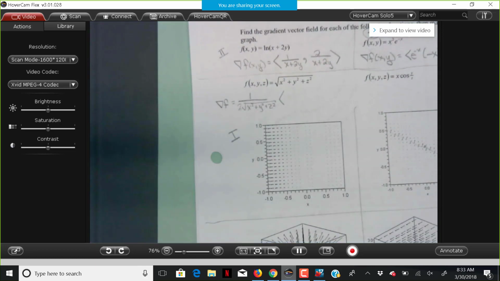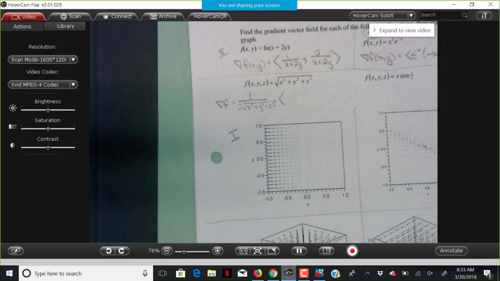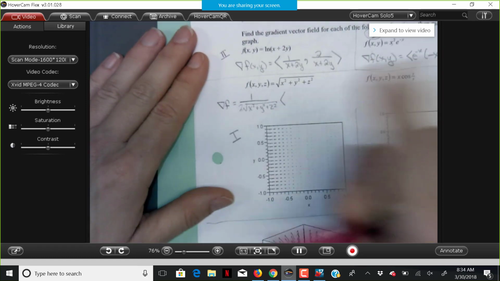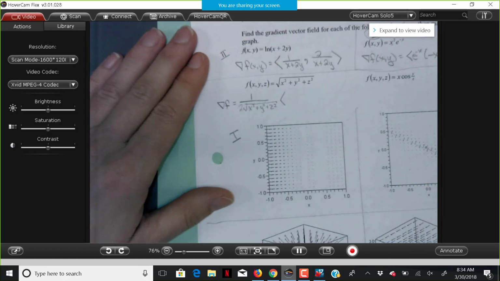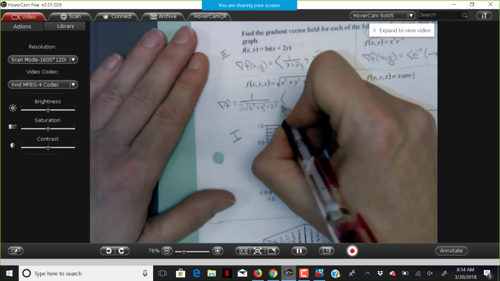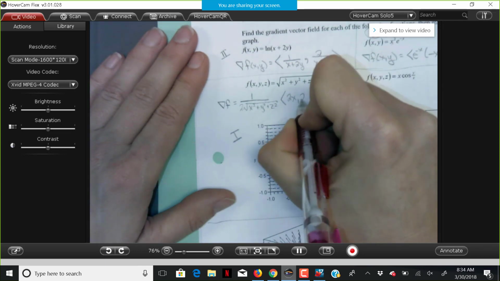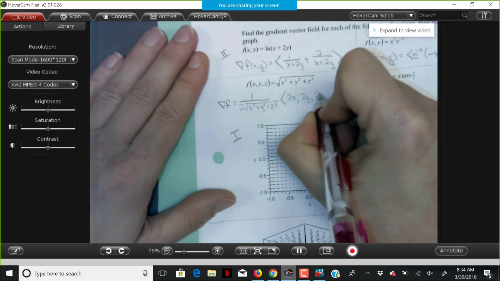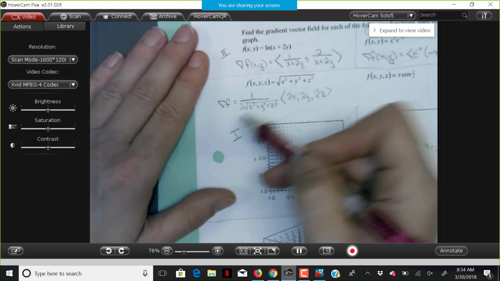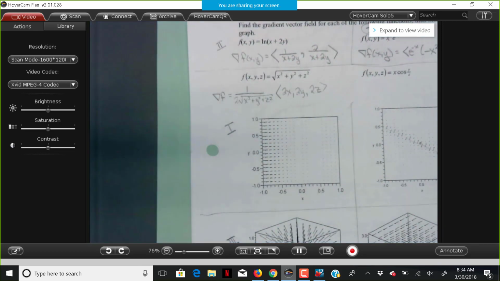So I'm just going to factor that out in front. There's my 1/2 (x squared plus y squared plus z squared) to the negative 1/2. I'm going to get that every time. Then what would be left for the x component of the gradient? 2x. And then for the y, it'd be 2y. And for the z, it'd be 2z. So if you want, you can use this 2 to cancel out all the 2's there.